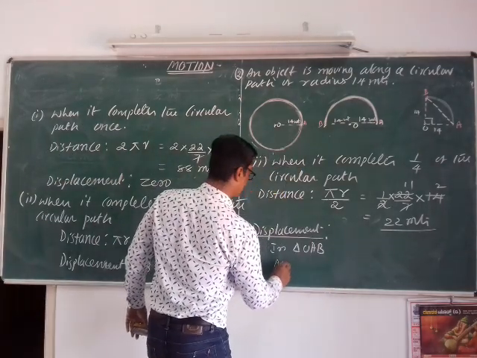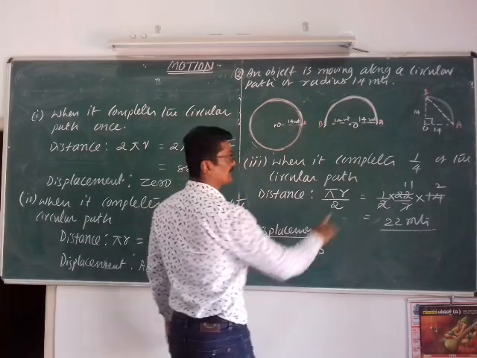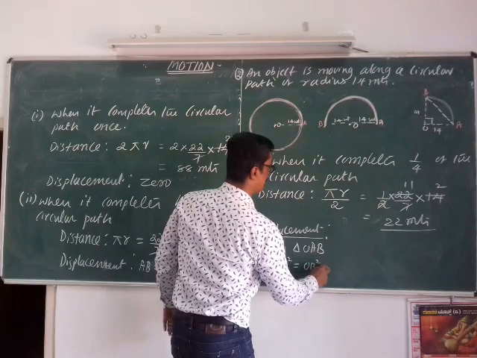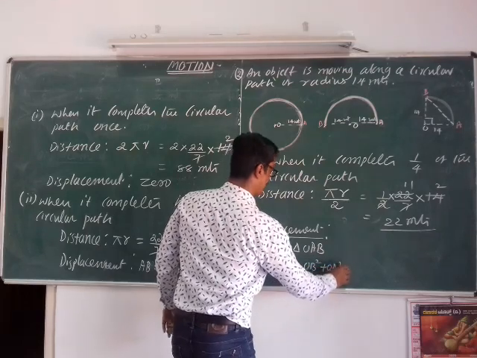AB square is equal to the sum of the squares of the other two sides, OB square plus OA square.